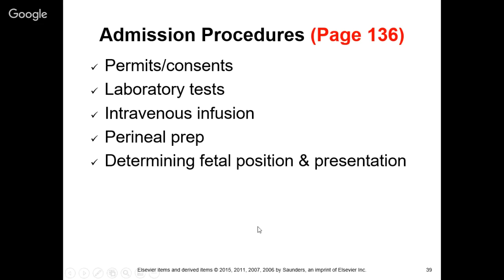Then they want to determine the fetal position and presentation, because if that baby is breech or transverse, that's going to change what you do with that woman. You might not be hooking up to her monitors and watching the progress of her labor. You might be getting prepared to take her to the OR for a C-section.